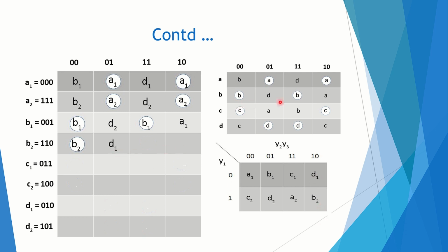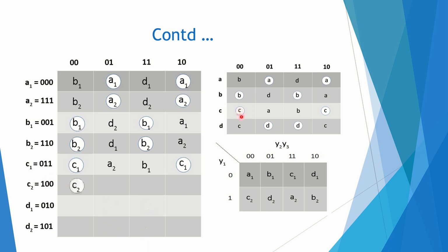Now again B2 to B2 is allowed, B2 to A2 is allowed, C1 to C1 is allowed. C1 and A1 are not adjacent, so we have to take C1 to A2 here. C1 and B1 are adjacent, so it is allowed, and C1 and C1 again is allowed.